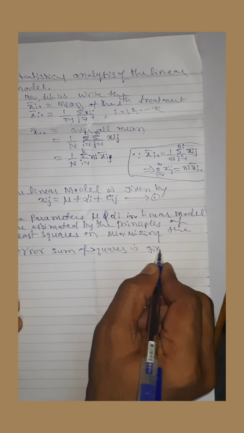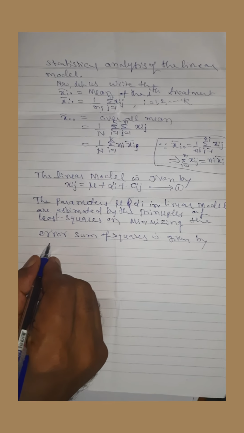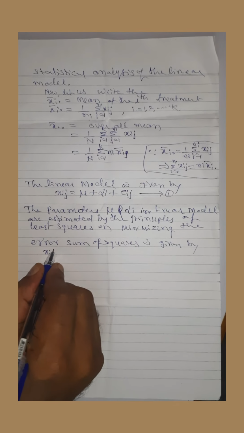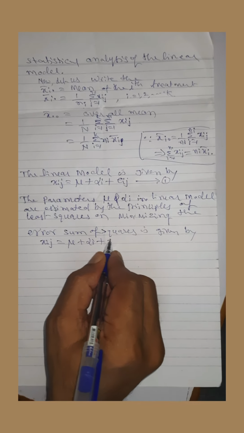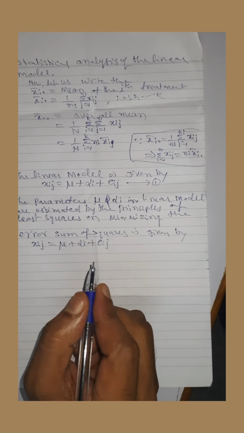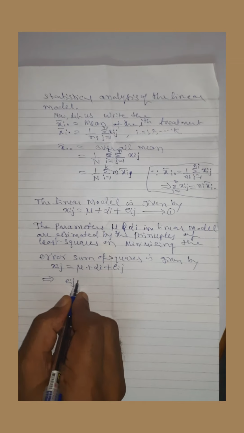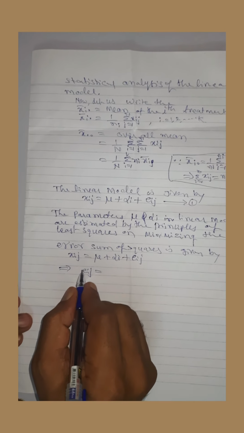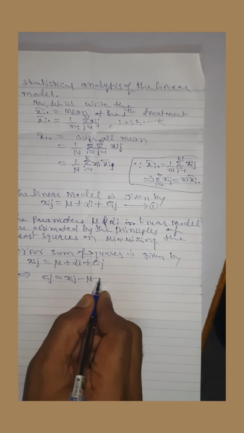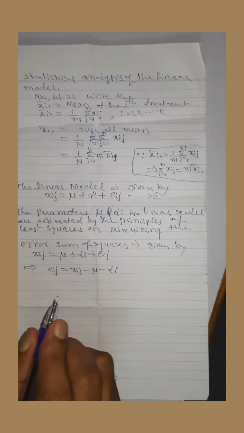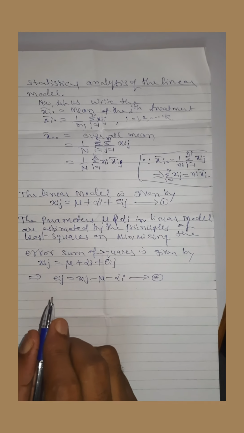It is given by, already you know the linear model xij equal to mu plus alpha i plus eij. This implies eij, taking the LHS side, xij, taking the RHS side, is xij minus mu minus alpha i. This is called equation star.